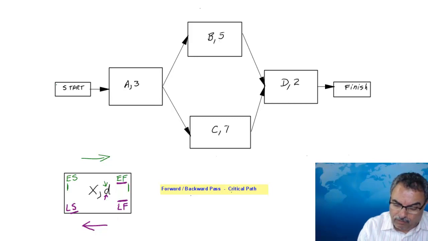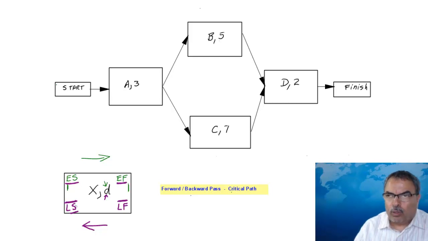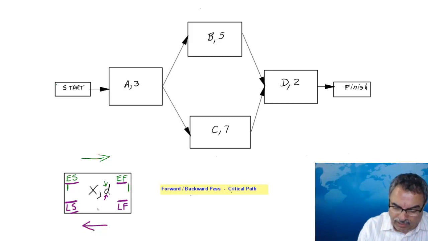If those values are the same, which means the difference is 0, then the ES and the LS are going to have the same difference, which is 0. That task then becomes a critical task, and it has a slack equals float equals that value, which is 0, which we put right here.